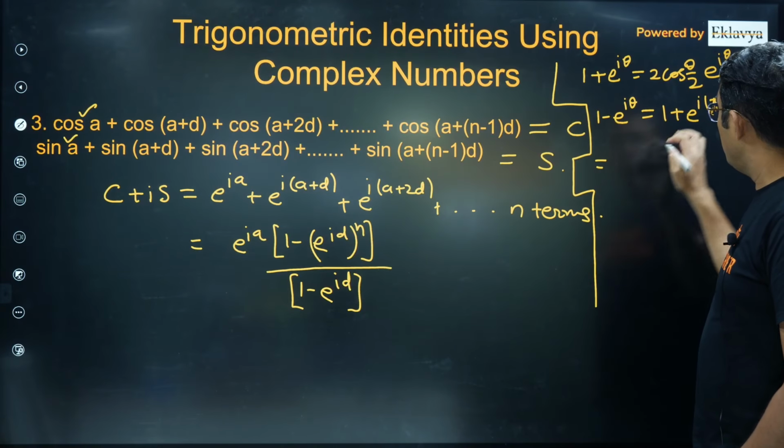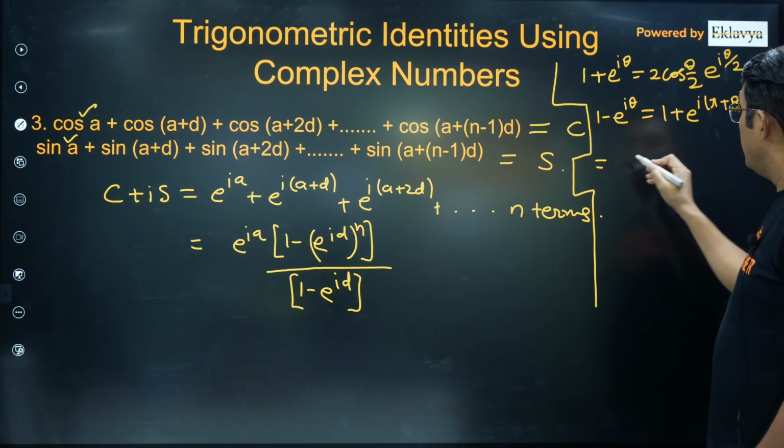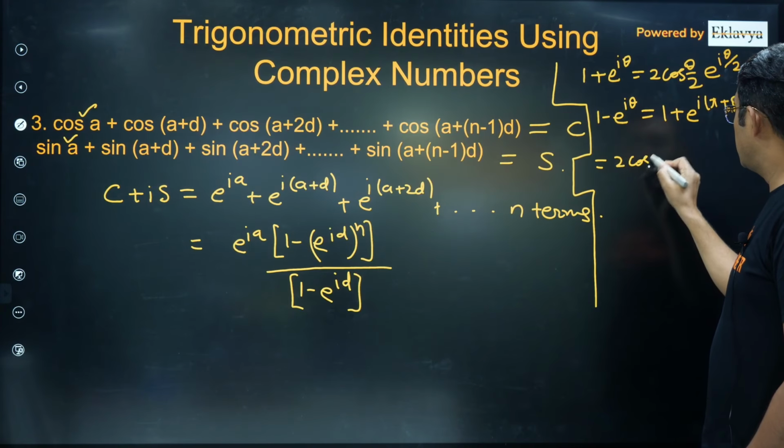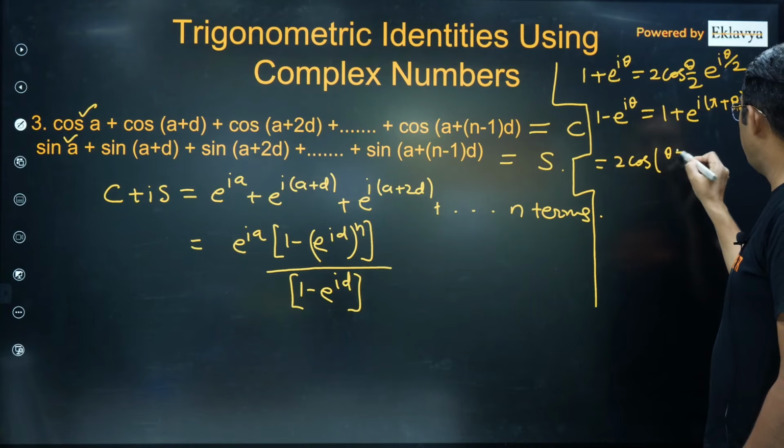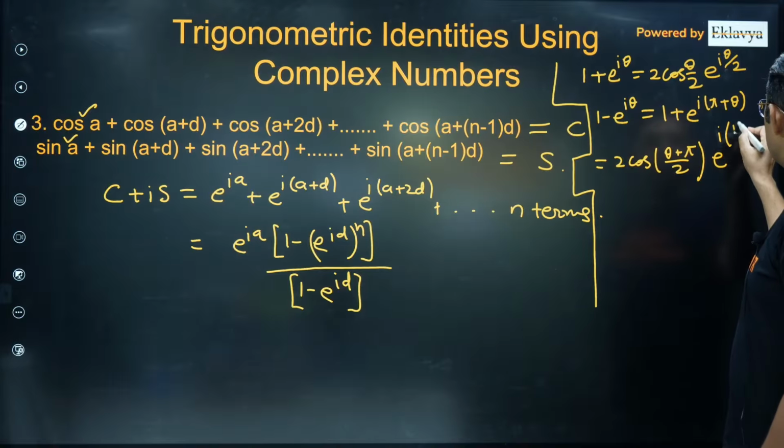So now if you open this with the help of this result, it will be 2 cos((θ+π)/2) into e^(i(θ+π)/2).